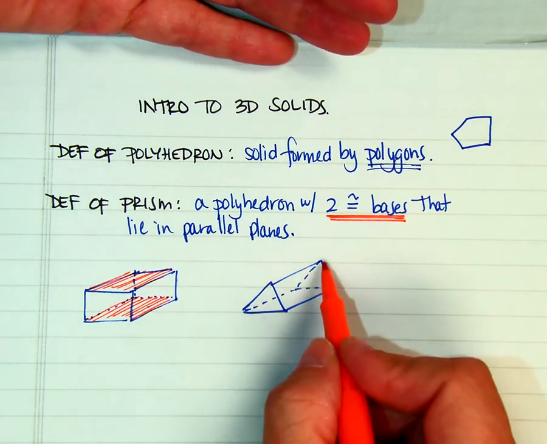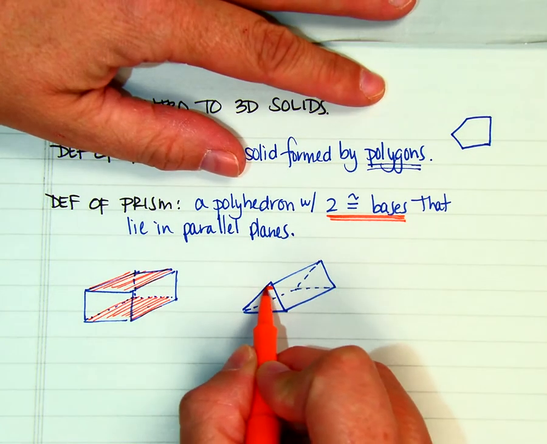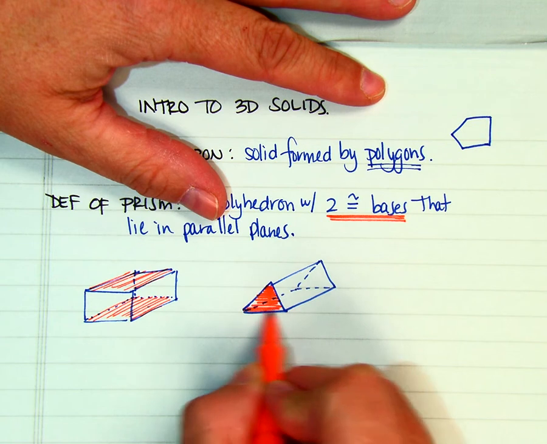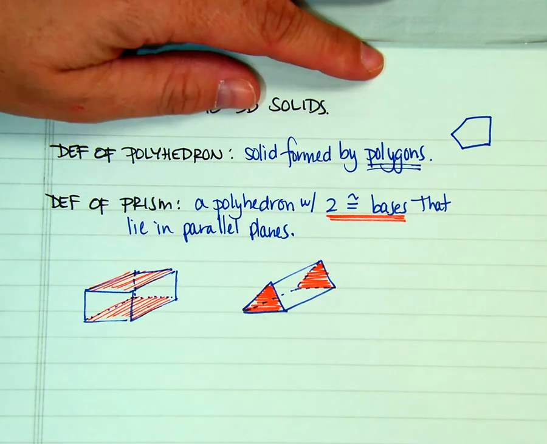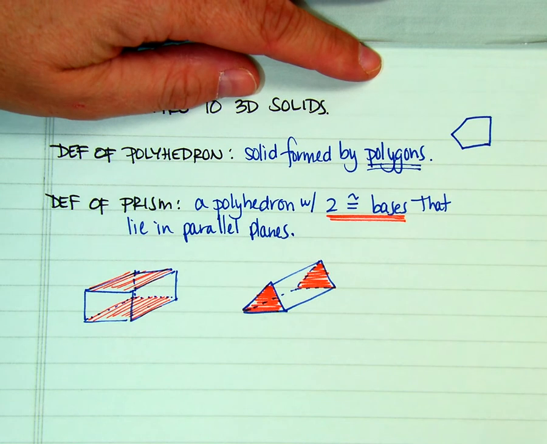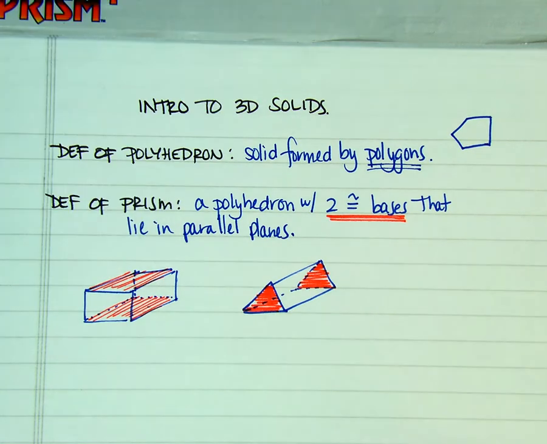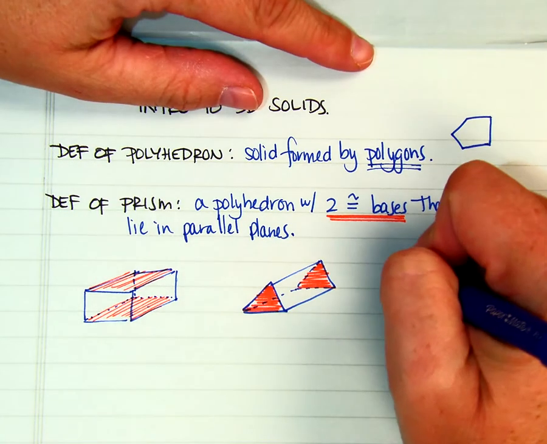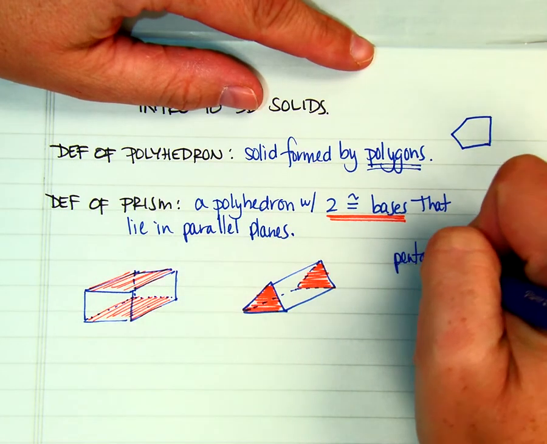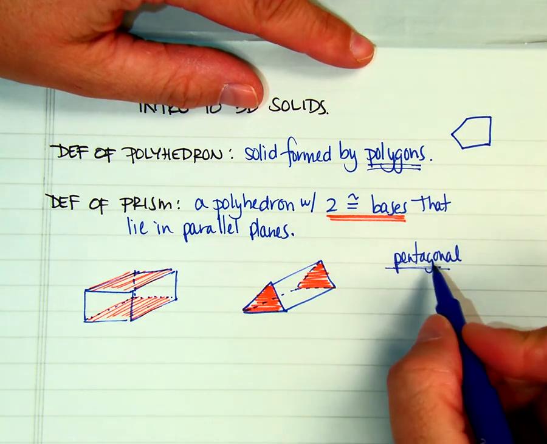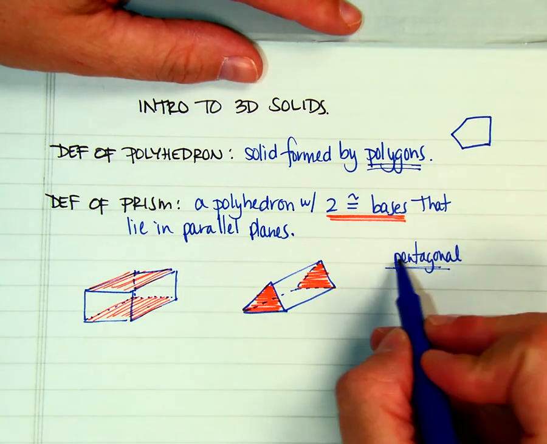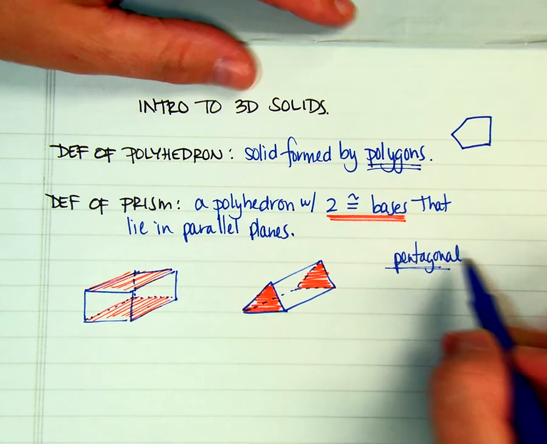In a triangular prism, this is a base and this is a base, so you're looking for the two congruent sides. You can also have a pentagonal prism, so you're looking for a pentagon as the base. So the name of the prism goes by the shape of the base.